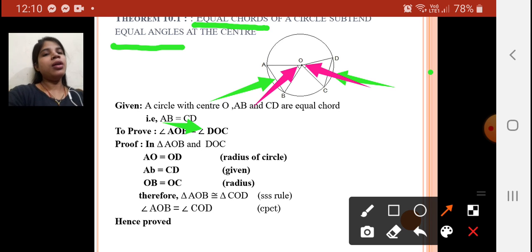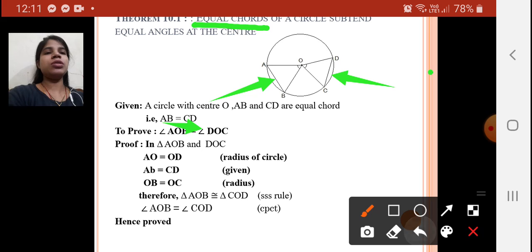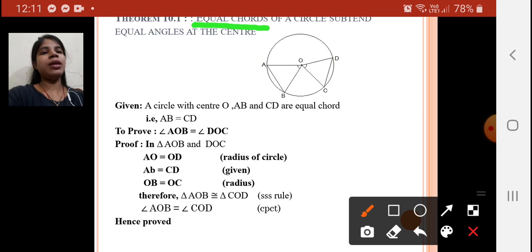Now we have completed the given and what we have to prove. In the proof, we have triangle AOB and triangle COD.